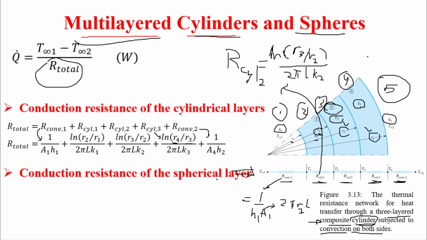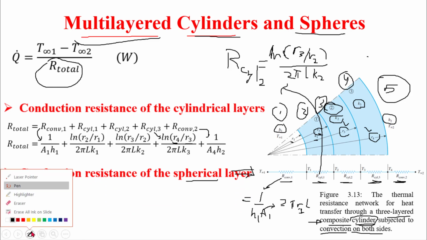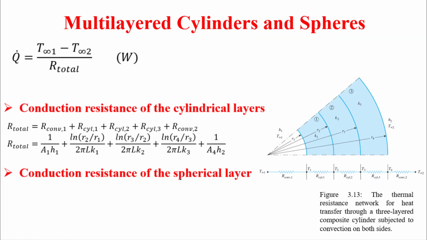Conduction resistance of a spherical layer. So same drawing, we can use the same drawing for a spherical layer, the same R total, we have convection, okay, but the only difference is with the R cylindrical, okay, this one.